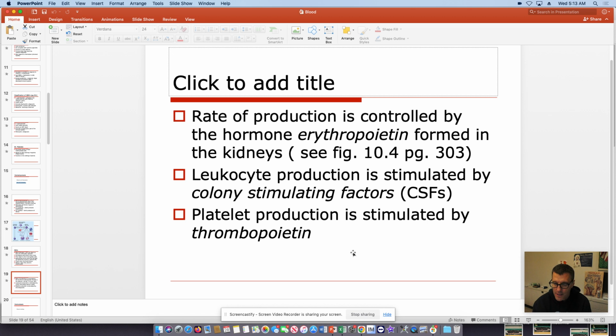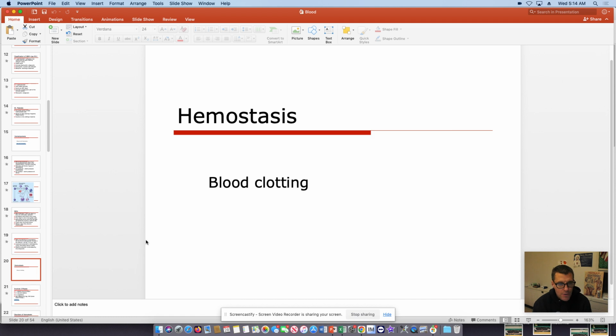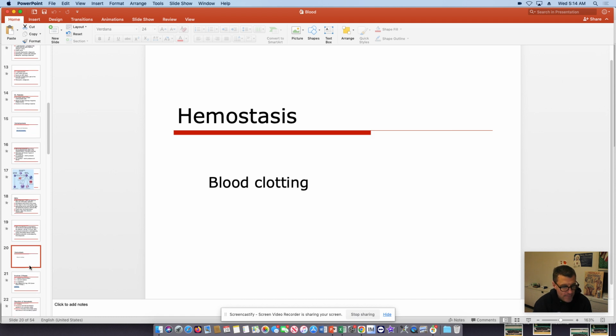We said that platelets are involved in clotting, and that's explained a little bit further going forward here. Okay, so that's called hemostasis.